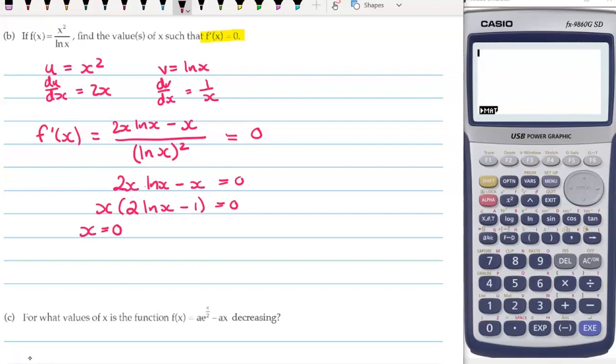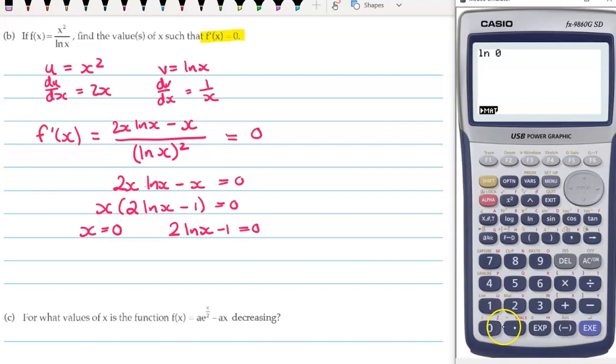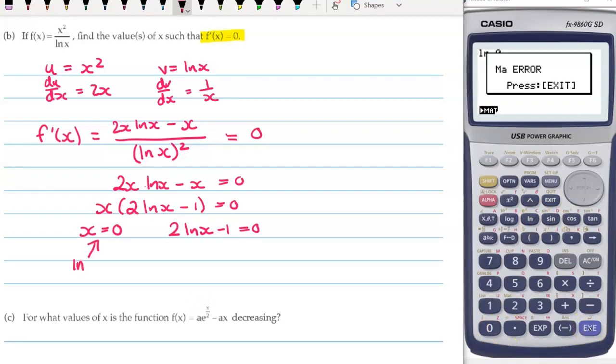And also 2 log x minus 1 is equal to 0. But if we were to put 0 into this original equation, we would be trying to do log of 0, and you'll see that gives you a math error. You can't do log of 0. So that's an invalid solution. We're going to ignore that one and carry on with this one over here.